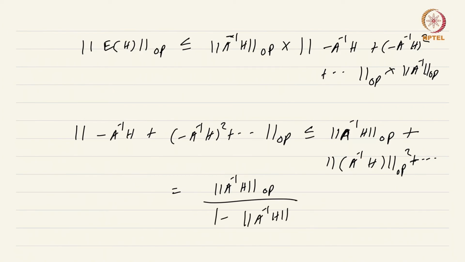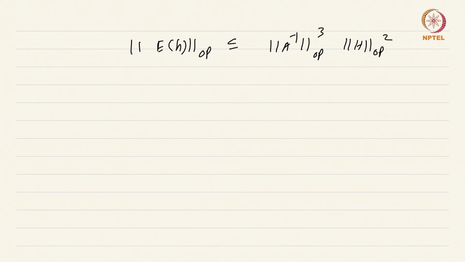I'm just applying the sum of a geometric series. So putting all this together, we will get that the error term's operator norm is less than or equal to, I hope I get this correct, the operator norm of A inverse cubed times the norm of H operator norm squared divided by 1 minus the norm of A inverse H operator norm.